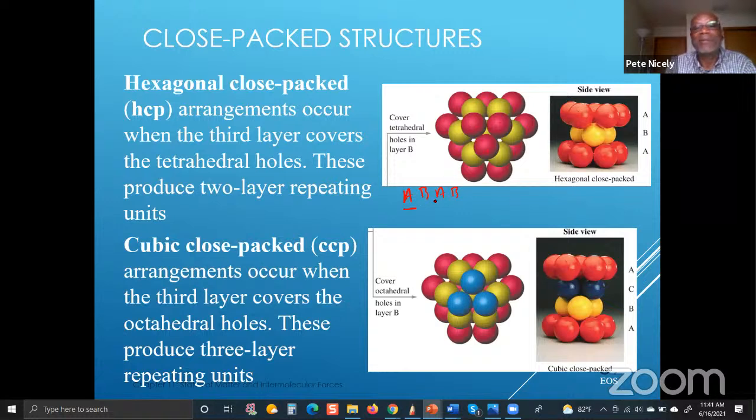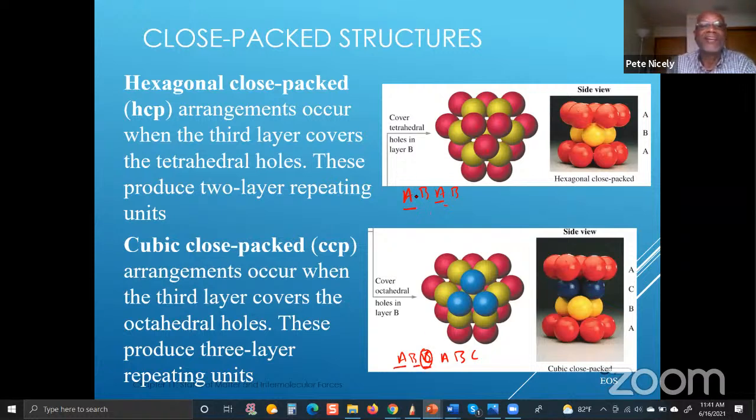And in this case, they call it ABC arrangement, because when you get to the third layer, which would be the C layer, it covers the holes in the A layer and the B layer, and therefore the arrangement of the A, B, and C layers would be different.